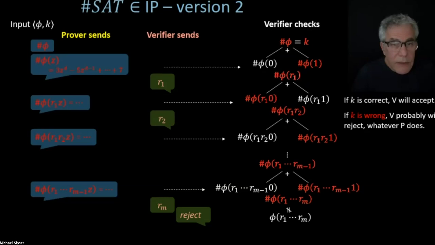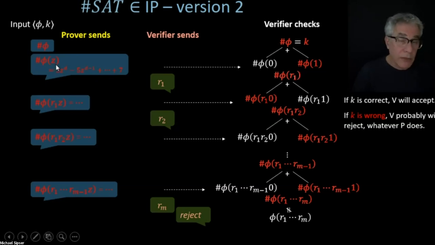How does the prover get number phi of z? Why does number phi of z have no other variables?